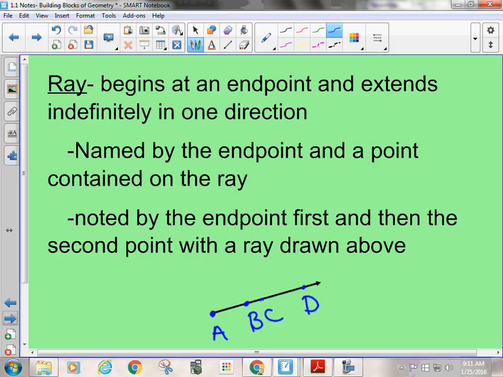All right, so I can denote this by AB. See how I have one arrow? I can denote this by AC. I can denote this by AD. They are all referring to that exact same ray. When you do the notation, you always start with your endpoint first, and then some other point that's on your ray in addition with it.